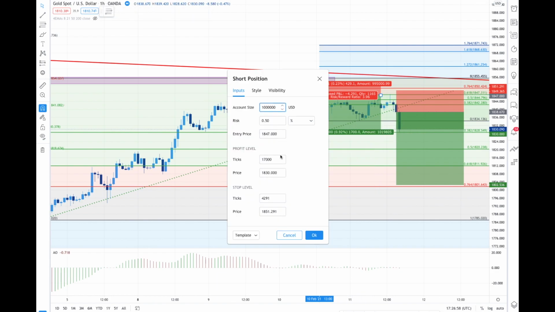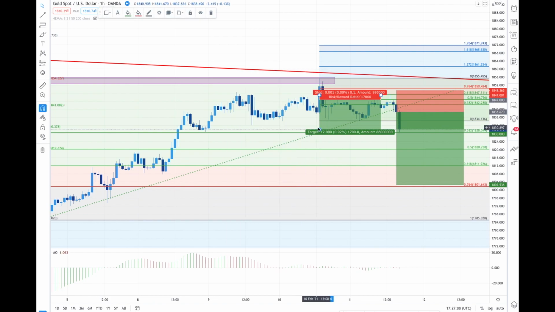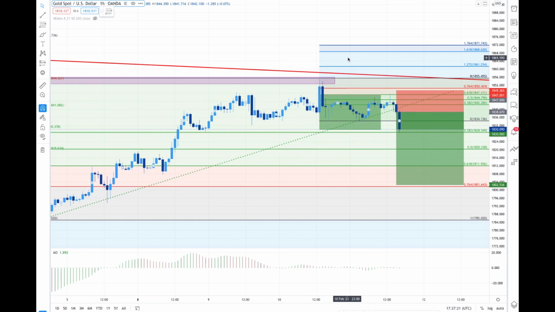So T1 stop loss is 47 as well. There we go, like that, and that would make for a first decent target around 1830. Okay, so that's if you got in at the first point where you're supposed to get in. So if you've missed that one, don't worry, you'll have another chance.